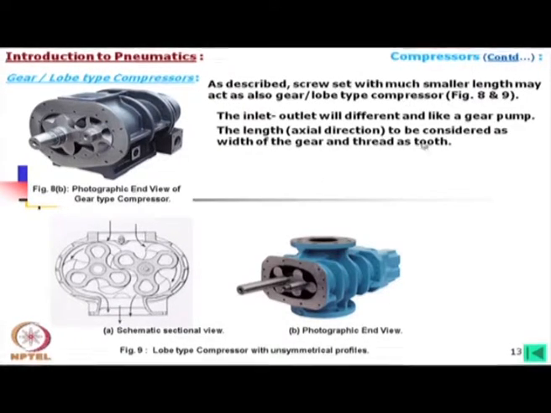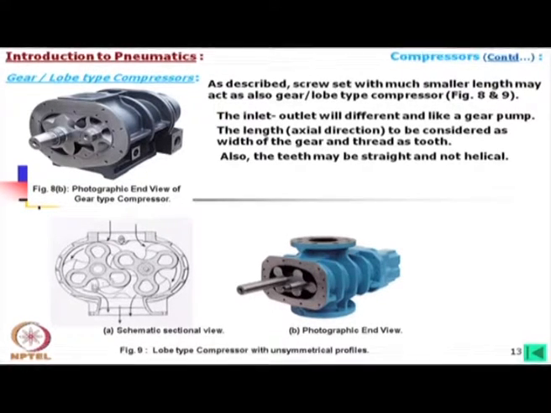So, the length is to be considered as the width of the gear in this case. Also the teeth may be straight and not helical. Say here somewhat it is helical, one can use straight teeth for the gear type compressor, and lobes you will mostly find are always straight also.